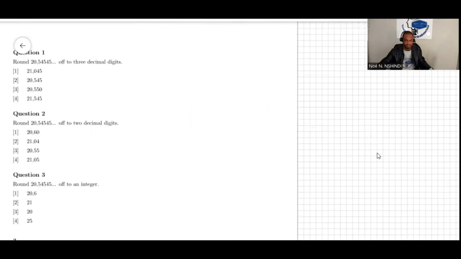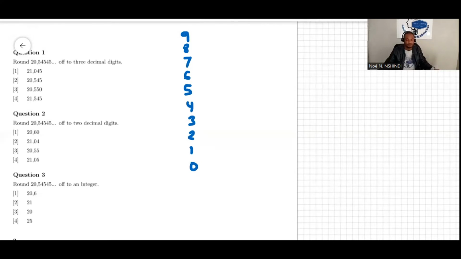They talk about place values and rounding. Before I tackle the questions, I want to remind you that when rounding numbers, we look at the digits 9, 8, 7, 6, 5, 4, 3, 2, 1, 0, the digits that come after the comma.